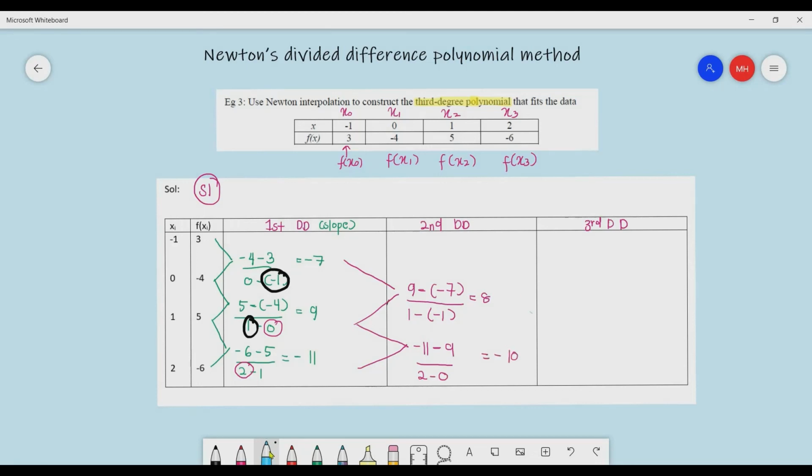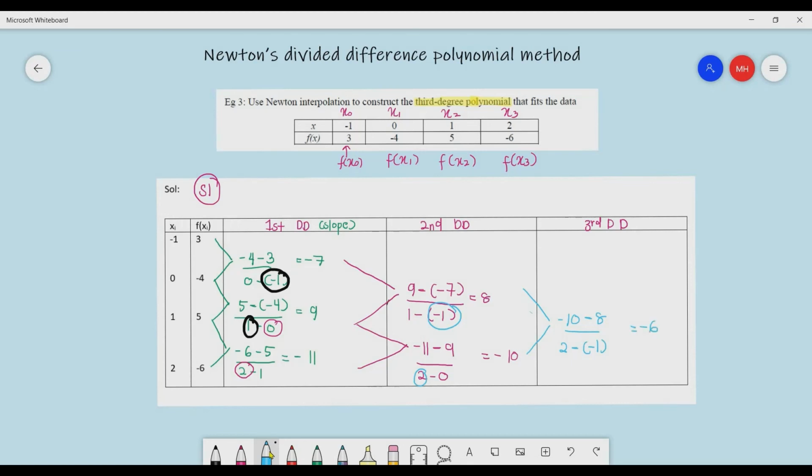And the answer in the second divided difference will be the numerator in the third divided difference. Always lower minus upper, negative 10 minus 8 over the change in x, which is 2 minus negative 1. So the answer here is negative 6.